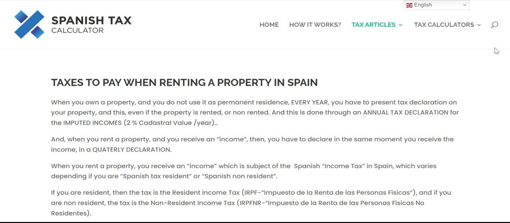So let's start to talk about the different ways to rent a house in Spain. There are usually several ways to rent. The traditional way is the rent where you have a house in Spain and you decide to rent it out for medium term, for example, 2, 3, 4, 5 months.